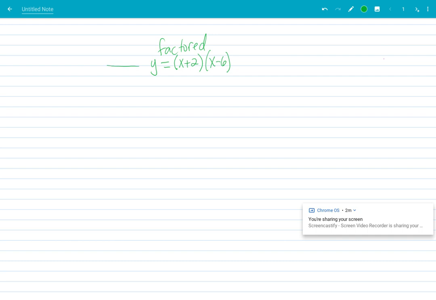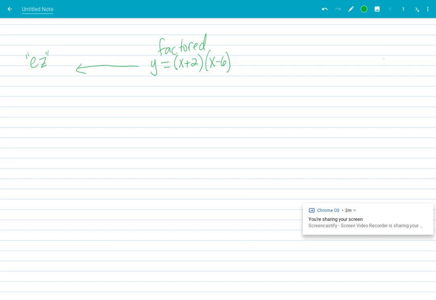So what's easy to determine from factored form? Can you guys help me out? One easy thing you can do is convert it to standard form, right?